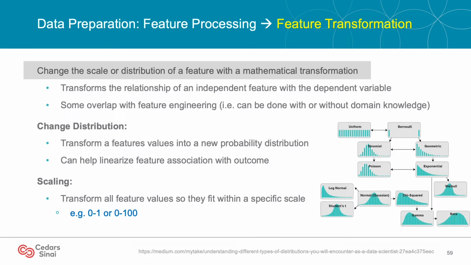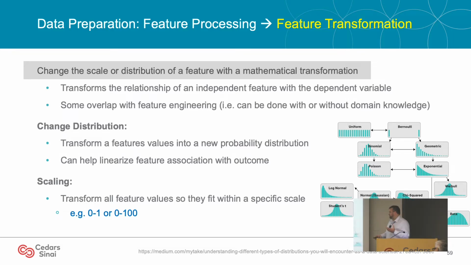So in changing the distribution, right, I mean that you're transforming a feature's values into some new probability distribution. And here are some examples of different probability distributions that a variable can take. And this can help to linearize feature association with outcome, as I just mentioned. Then there's scaling, right? And this is where you transform feature values so they fit within a specific scale. For instance, 0 to 1 or 0 to 100, or something like that. This may seem trivial, but interestingly enough, a number of machine learning algorithms rely on features having the same scale, deep learning being one of them.